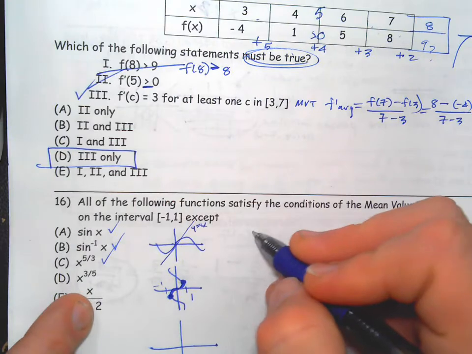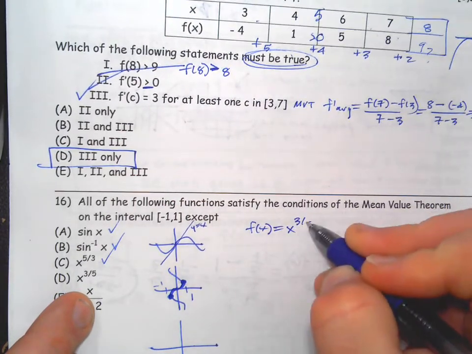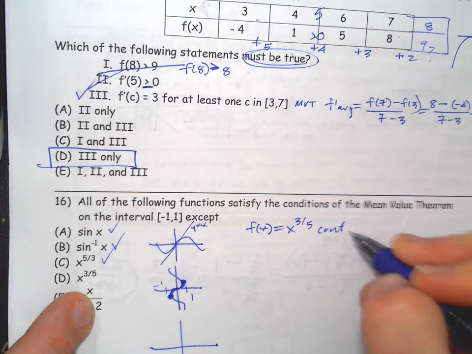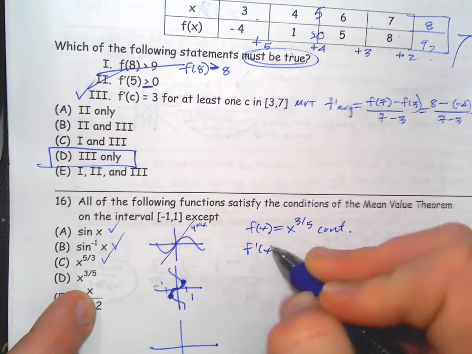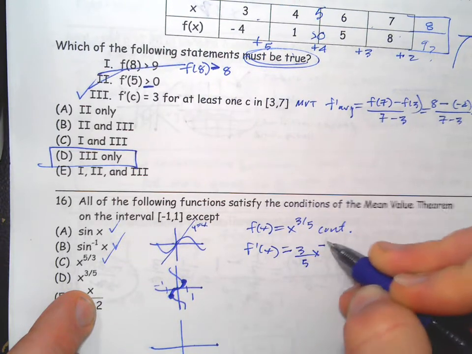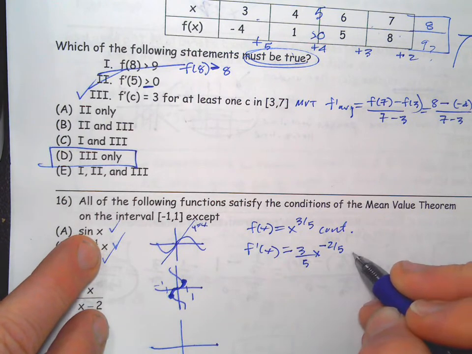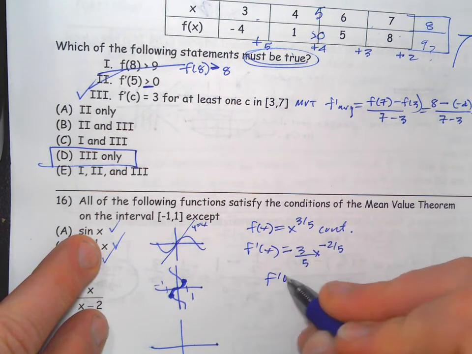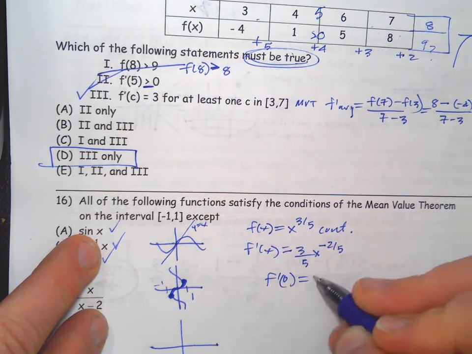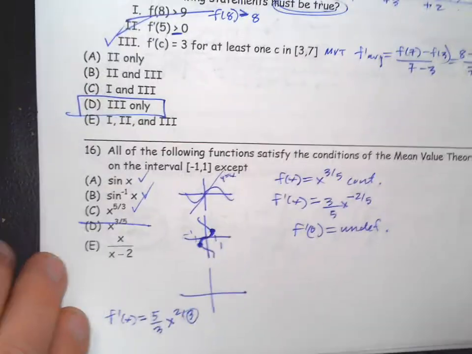The next one, the function x to the 3/5 is continuous. You can plug anything in you want. Let's take the derivative. The derivative is going to be 3/5 x to the negative 2/5, which means that at f prime of 0, it is undefined. So that one's out.